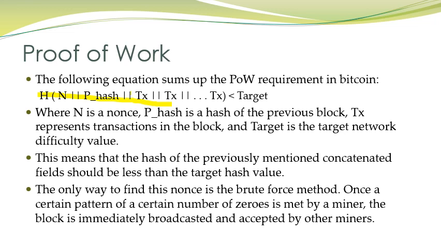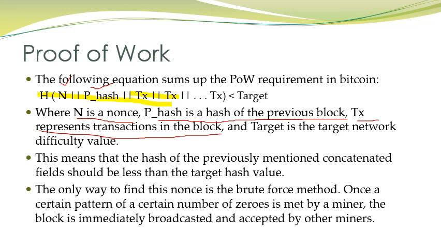Here, n is the nonce, pcache is the hash of the previous block, and tx represents the transactions in the block. A block has multiple transactions, and the hash value is calculated from the nonce.